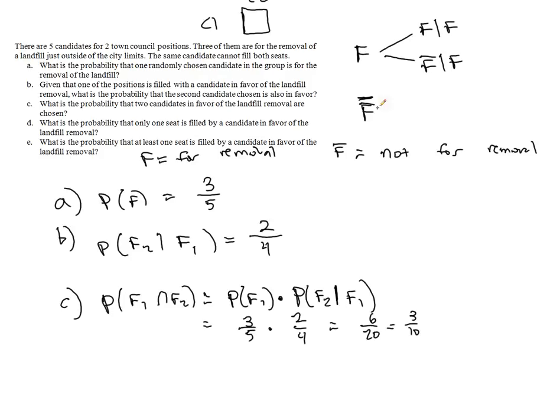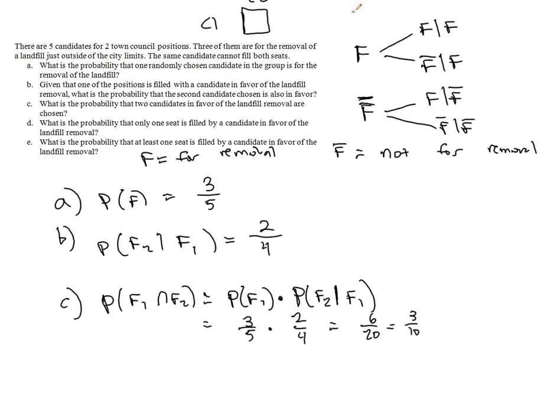That's a possibility. Given that the first candidate was not in favor, you still have the same possible outcomes. The second candidate may be in favor, he may not be. By the way, it's the same thing to write F, F bar, F, F bar. You don't necessarily need the conditional part. That just emphasizes that it's conditional upon the first person having been selected.